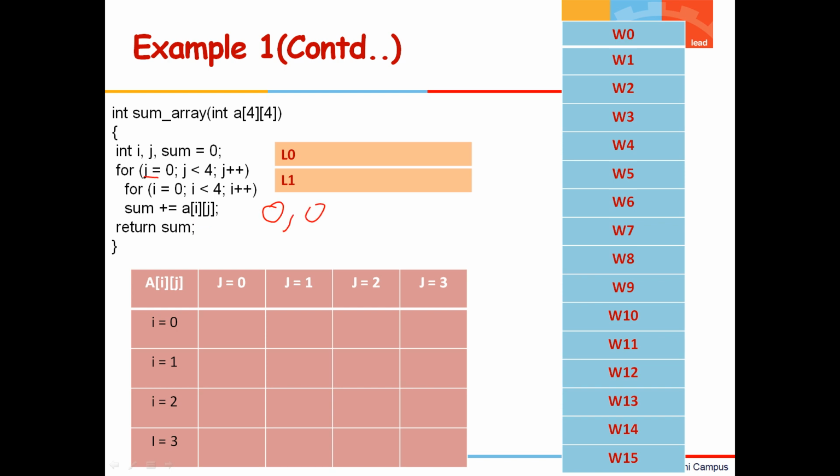Now this J value, the second dimension, stays, and I is going to be increasing to 1. So it will become 1, 0, 2, 0, 3, 0. That means the rows are skipping, but the columns remain as they are. So if this is your 0, comma 0, 0, comma 1, 0, comma 2, 0, comma 3, this is going to be 1, comma 0, 1, comma 1, 1, comma 2.